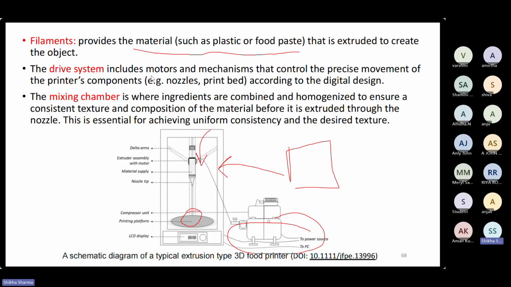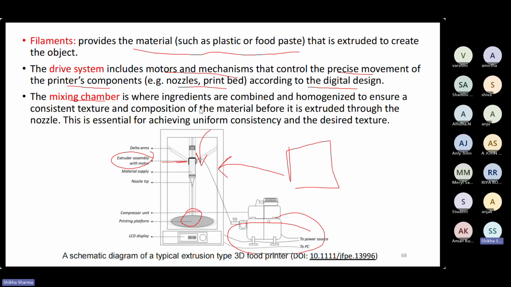The drive system includes the motor and the mechanism, and it controls the precise movement of the printer's components like the nozzle and printing bed, based on the digital design.